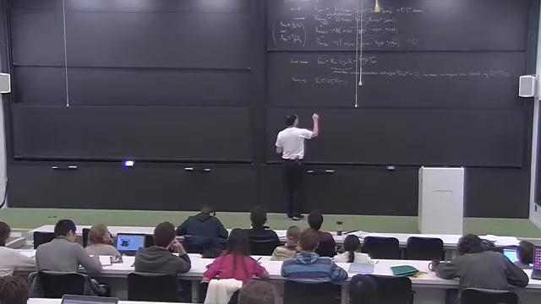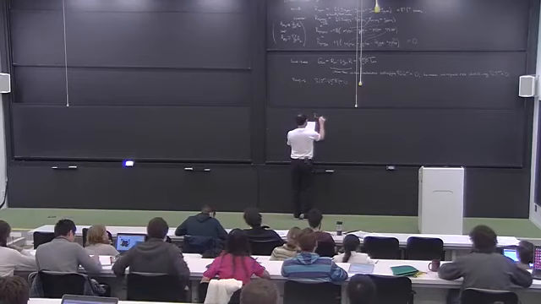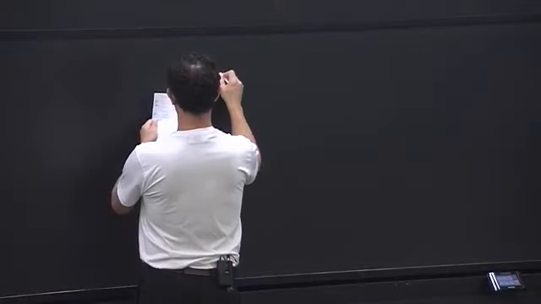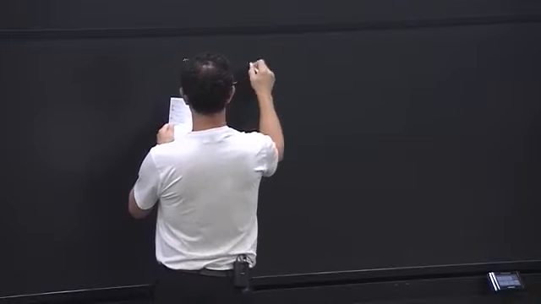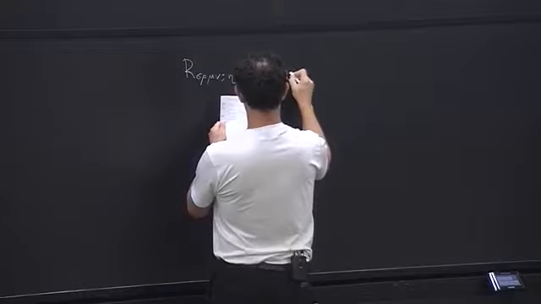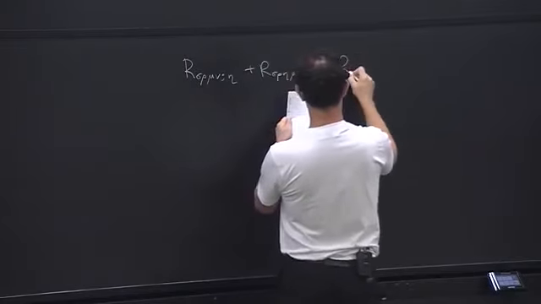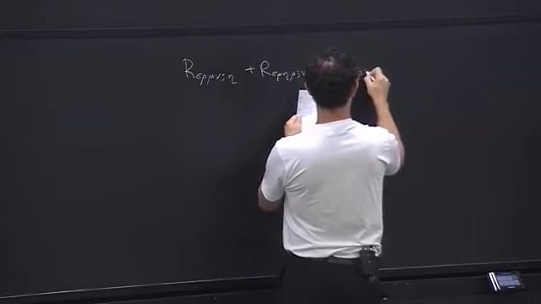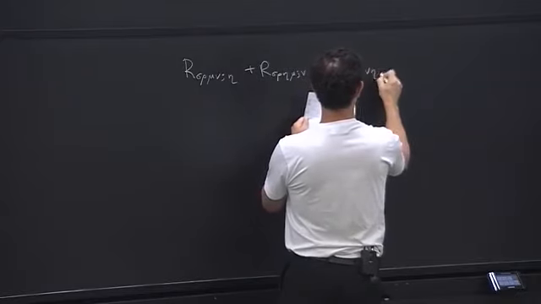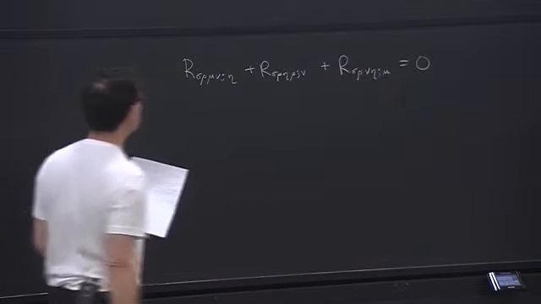And now what we do is use it. Okay, so we have R sigma rho mu nu colon eta plus R sigma rho eta mu nu plus R sigma rho nu eta mu equals 0. Okay, that's the Bianchi identity.